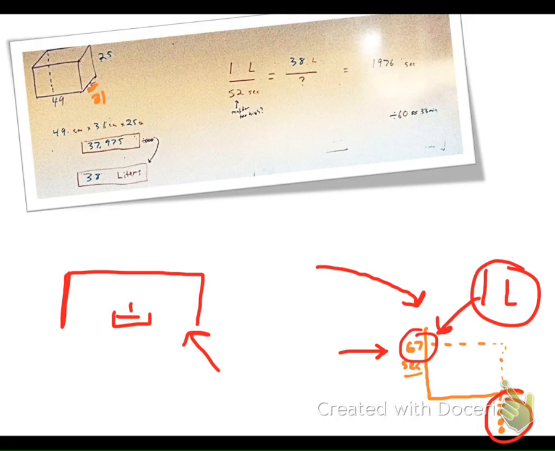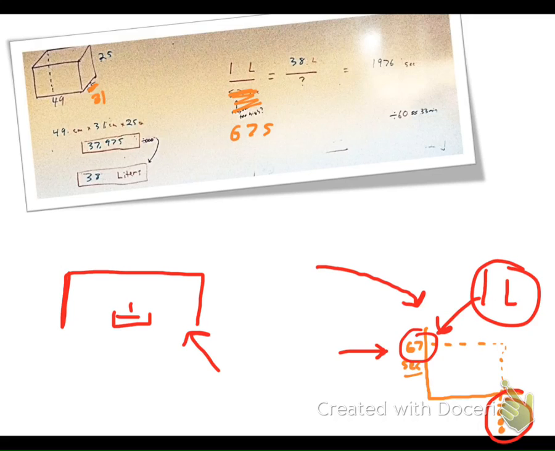Now, we can set up a simple cross multiplication problem to figure out how long the candle would burn in here. So we know that a 1 liter volume would burn for 67 seconds.